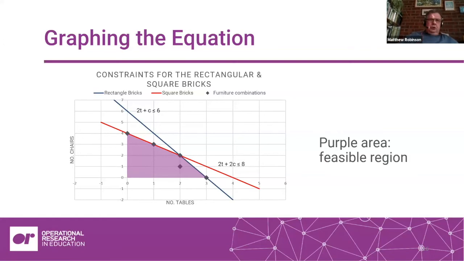So what we've done is taken an actual model building, working out by building and trying what the possible combinations were. We then converted that into some algebraic formulae, which are called constraints. And then we've used those constraints and graphed those to work out what is the optimal solution using algebra.